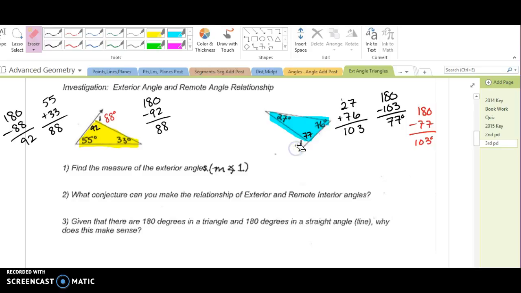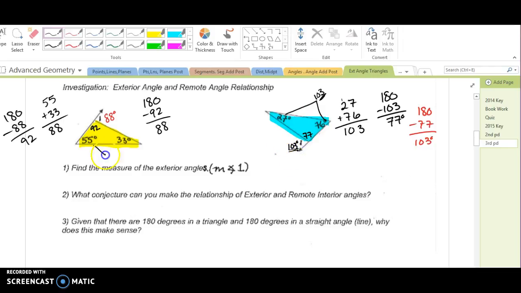So, what conjecture can you make about the relationship of the exterior and remote interior angles? Well, I don't know if you noticed, but when we added up the interior angles, we got 103, and then we subtracted that from 180 and got 77, then subtracted that from 180 and got 103. If we had just stopped at adding these up, we had our answer right there.